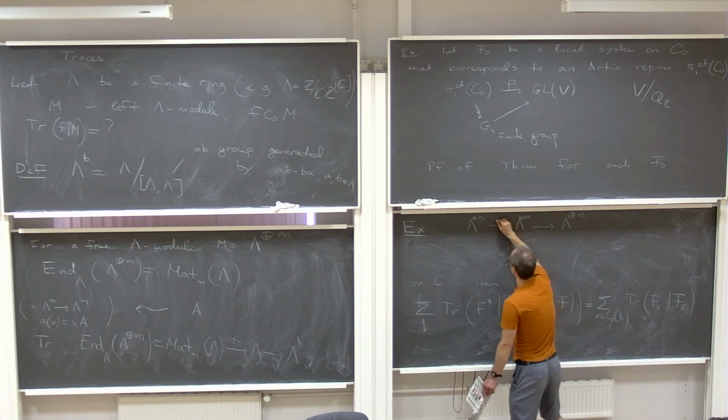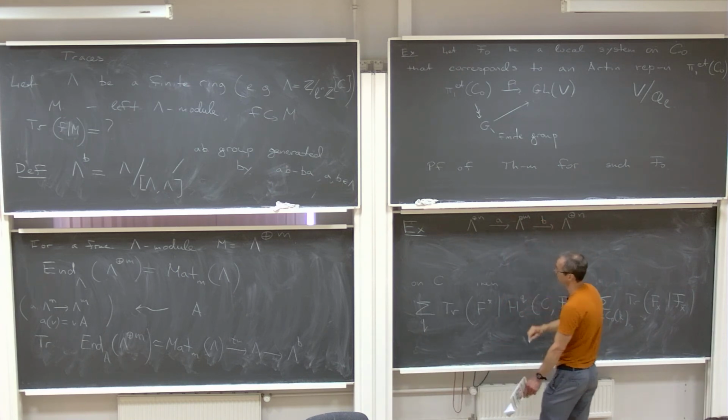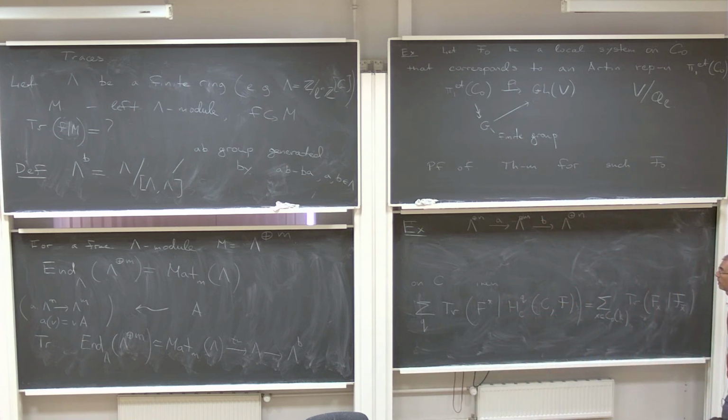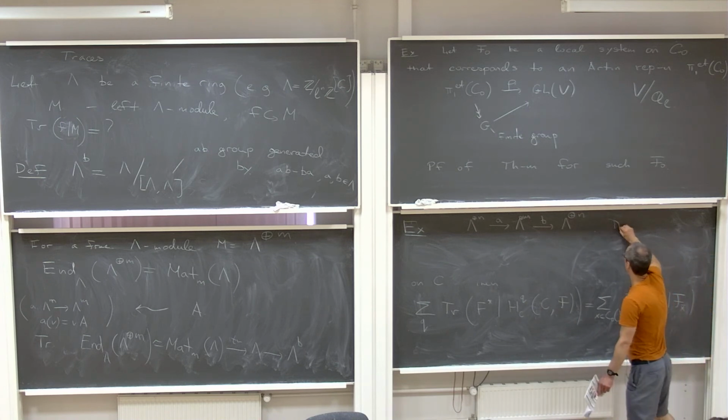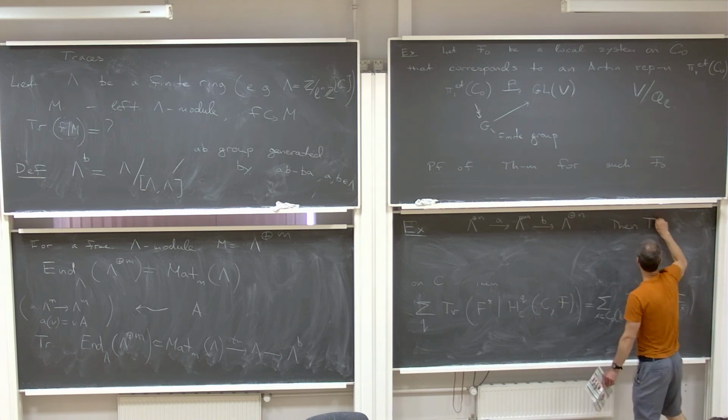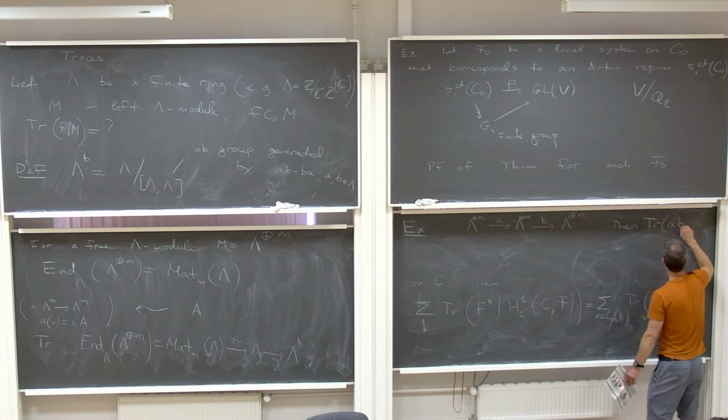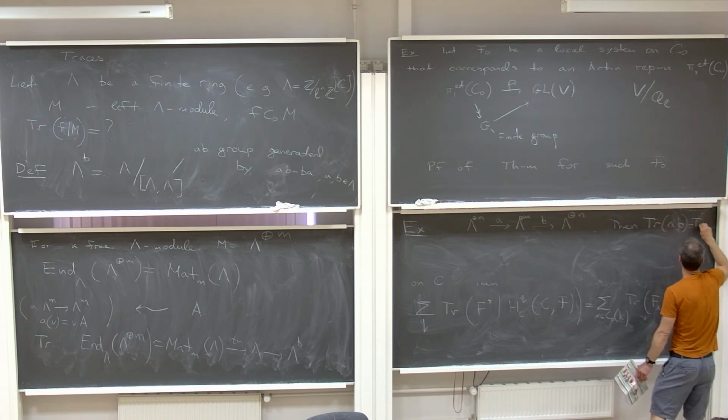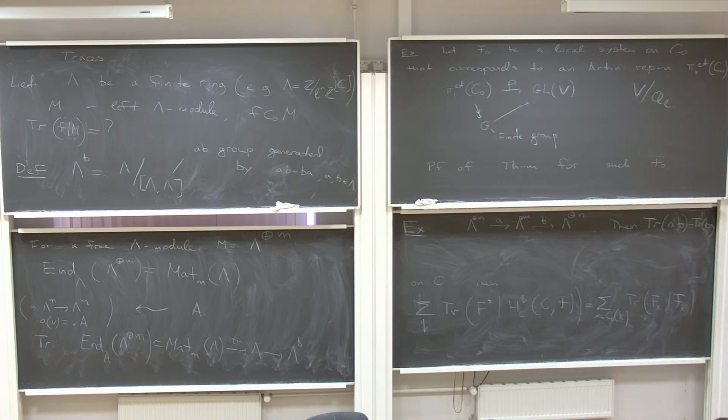So let's say this is A and this is B. Then trace of AB is equal to trace of BA. And it is here where I need to take this projection.